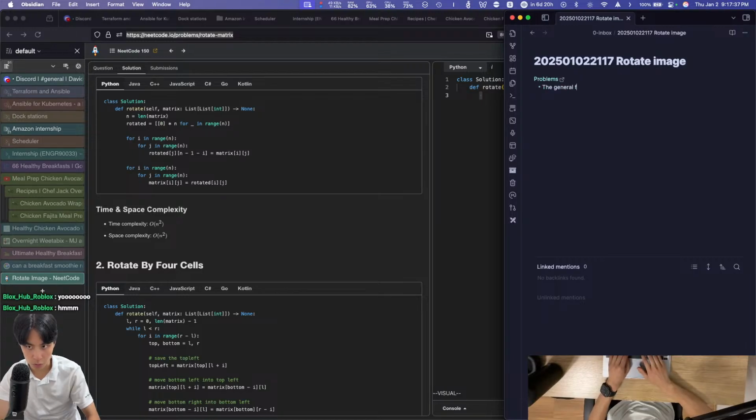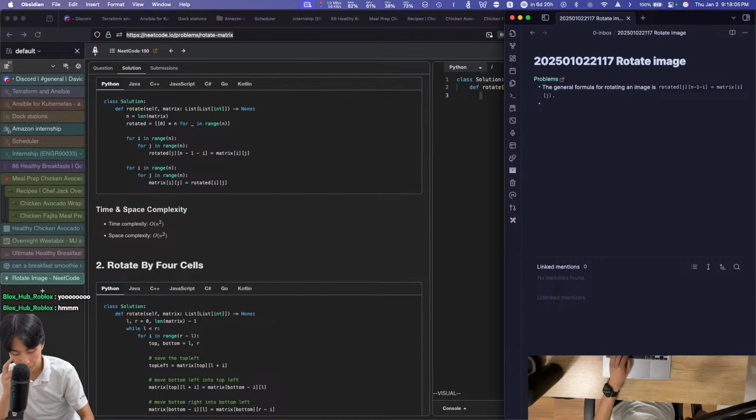The general formula for rotating an image is rotated. Now this isn't technically called a formula, but whatever.